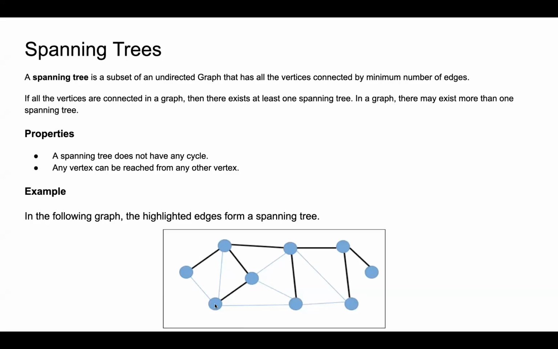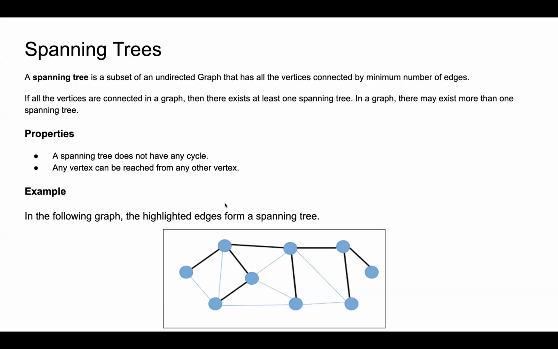All the vertices are connected to each other. No vertex should be left. This outside one, we can neglect it. It's not the case. We have to consider all the vertices here, and then we have to connect them. All should be connected, but with a minimum number of edges.